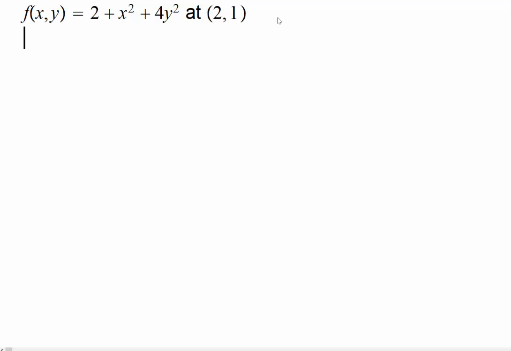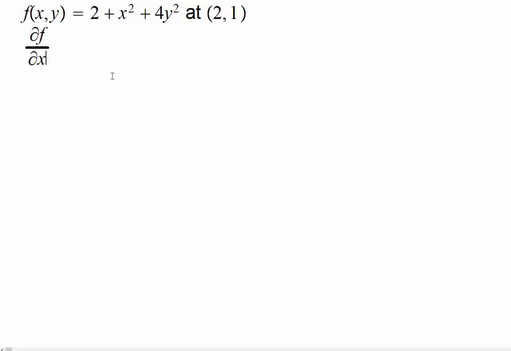We are going to consider the partial derivatives and then just develop the idea of a directional derivative for this given function, 2 plus x square plus 4y square, at the point 2, 1. So for partial derivatives, let's just go ahead and follow a mechanical procedure first.